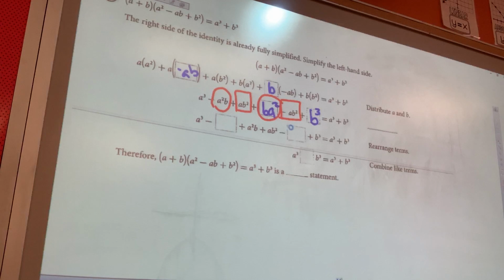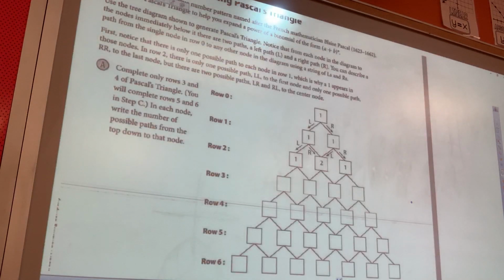What happens to those? They also cancel out, and it really can show you like this. A squared b, and this is negative ab squared. Those are all going to cancel out here, here, here, here, and so you are left with a cubed plus b cubed. So that is a true statement.